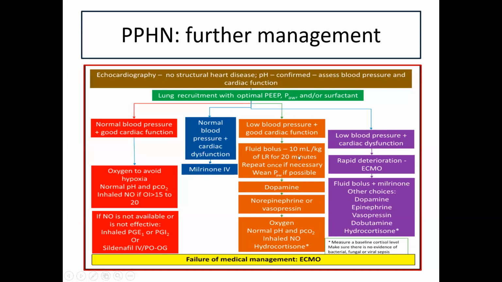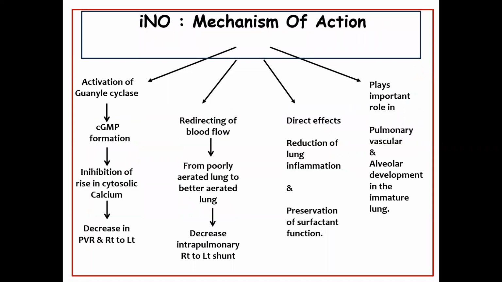When you have to add norepinephrine or epinephrine, do consider whether one needs to use a dose of hydrocortisone. And if the newborn has both low blood pressure with cardiac dysfunction with rapid deterioration, this may be a case where, in multiple inotrope failure, one may have to think of extracorporeal membrane oxygenation.